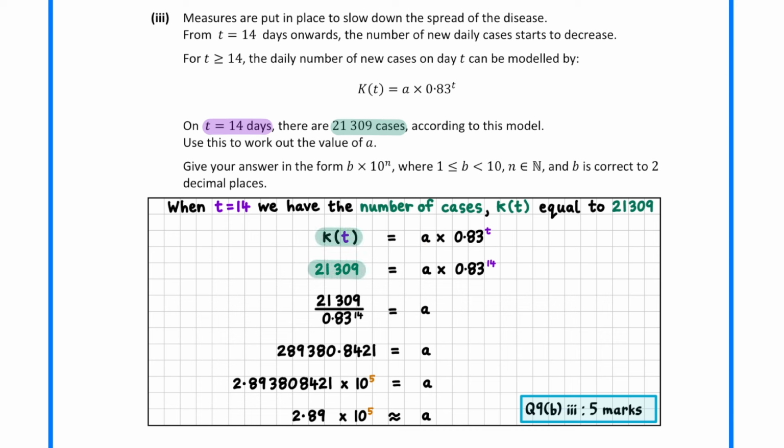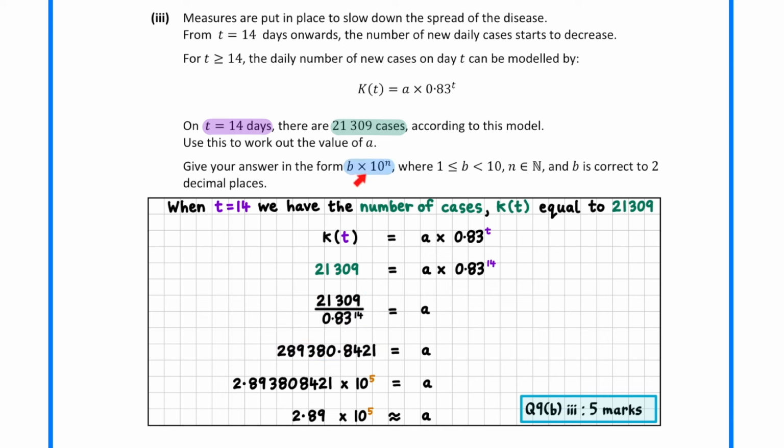We begin by replacing the number of new cases, k of t, with 21,309 and replacing t with 14. Next, we divide both sides by 0.83 to the power of 14. Then, we do some calculator work to simplify the left-hand side.